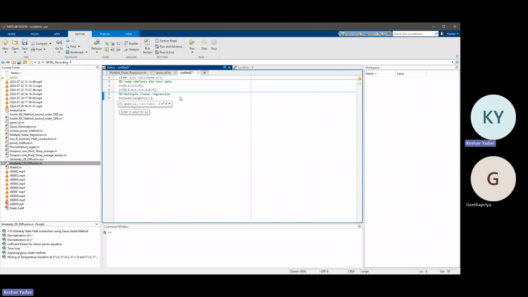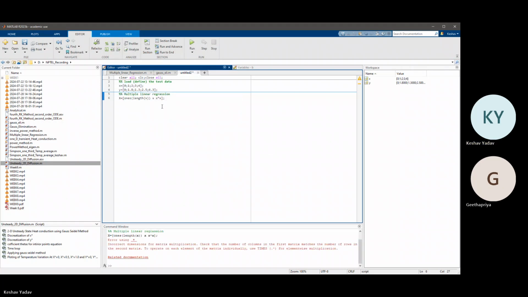So this is my first column. Now in the second column, what will we have? In the second column, we will have x, and in the third column, we will have x multiplied by x. Okay. So these are the values. Now we see whether I am going correctly or not. Okay, so for this x, an array, to multiply, I need to put a dot before that.